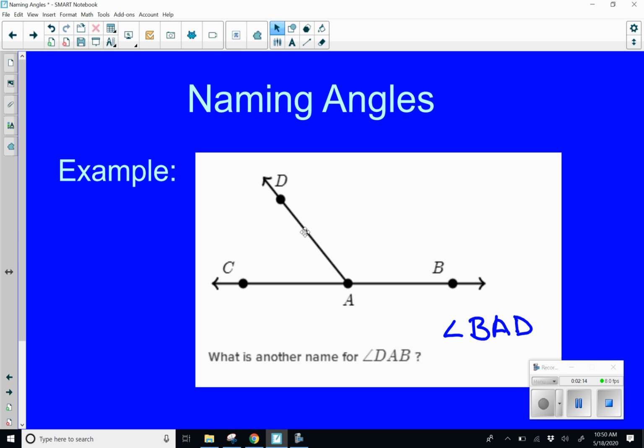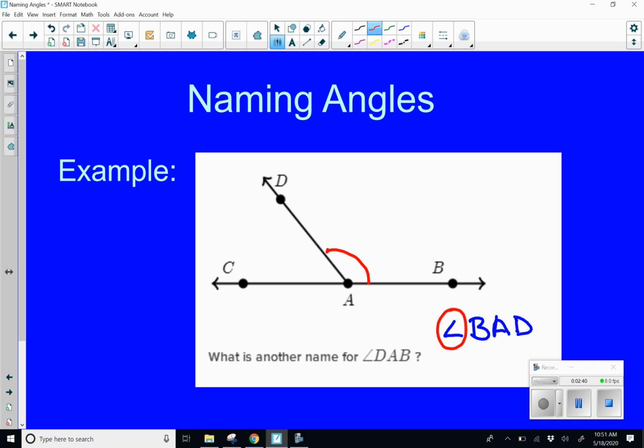Let's take a look at an example. What is another name for angle DAB? Well, starting with D to A to B, that's going to be this angle right here that we're referring to. Another way that we could name this would be starting with B, B-A-D. And this little symbol right here means angle. So that's angle BAD.